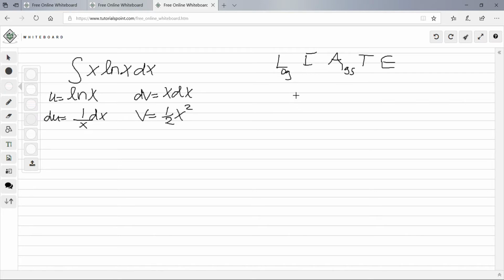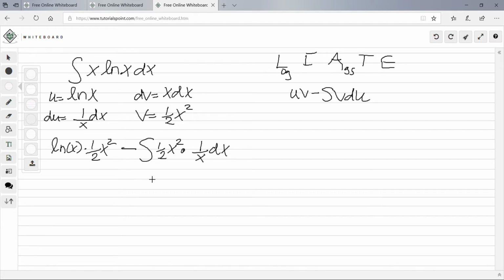So remember, it's uv minus integral of v du. So our u is ln of x times 1/2 x squared minus integral of v du, which is 1/2 x squared times du, which is 1 over x dx.